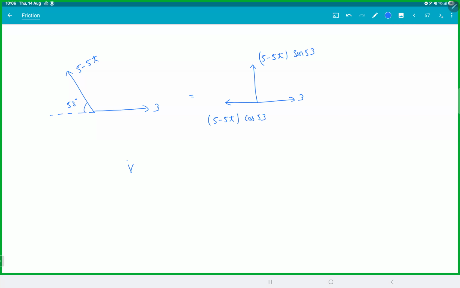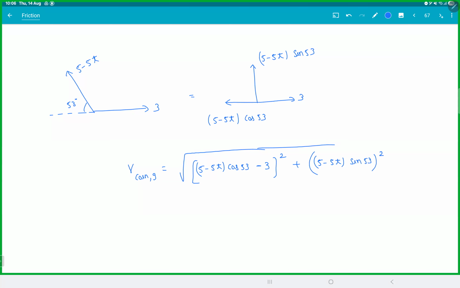This is also right, nothing wrong with this. So velocity of the coin in the ground frame, the speed will be root over ((5 minus 5t) cos 53 minus 3) square plus ((5 minus 5t) sin 53) square.